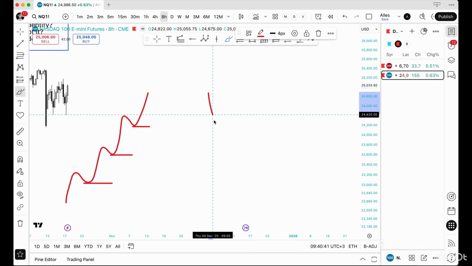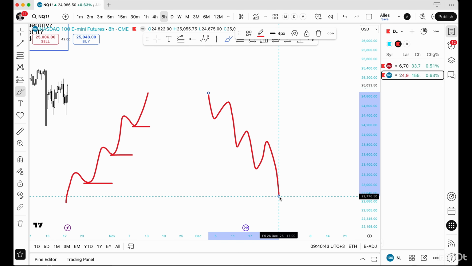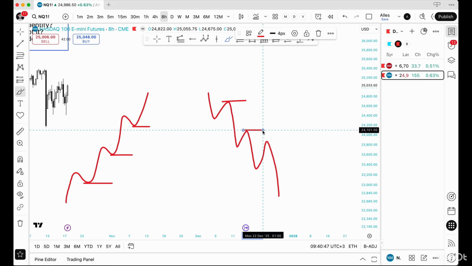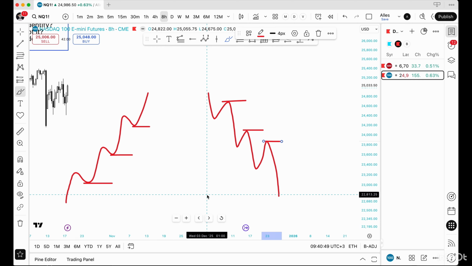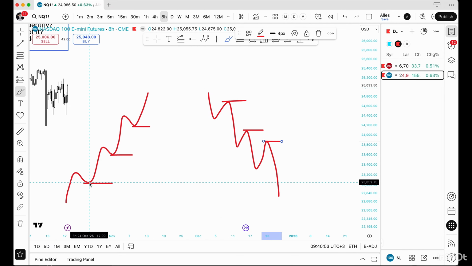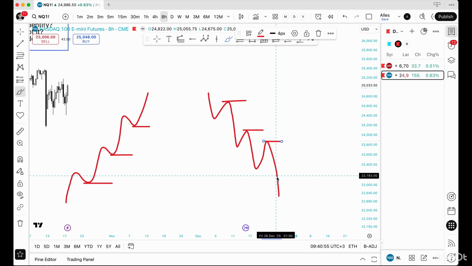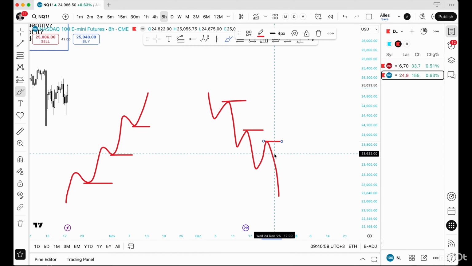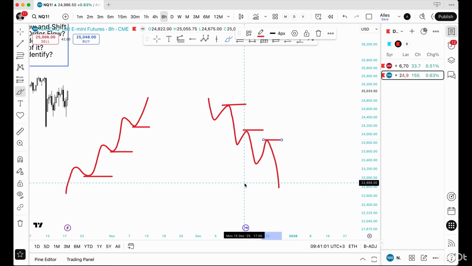A downtrend looks like this. What we are monitoring is that we have lower highs. So that's the most important thing. An uptrend is defined by higher lows. A downtrend is defined by lower highs. So that's the most important thing.